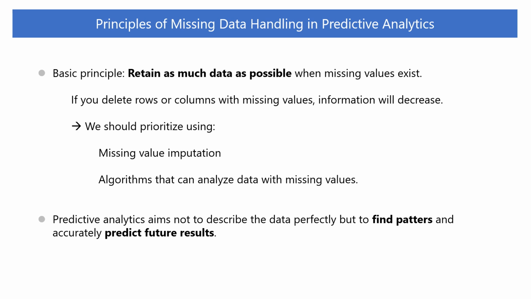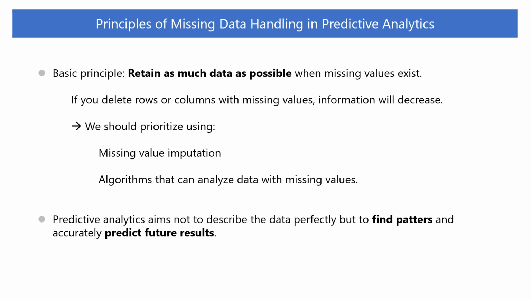Moreover, if there are some patterns in the occurrence of missing values, deletion can make it impossible for a prediction model to consider those patterns. Therefore, we should prioritize using methods to impute missing values with estimated values, or use algorithms that can analyze data that includes missing values.